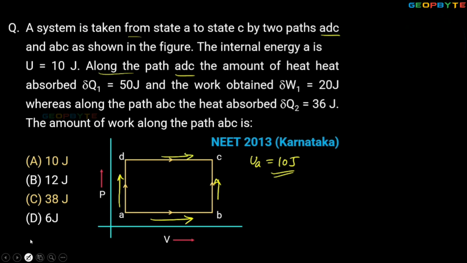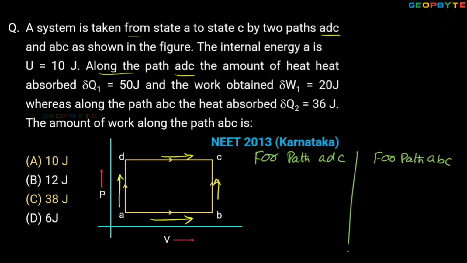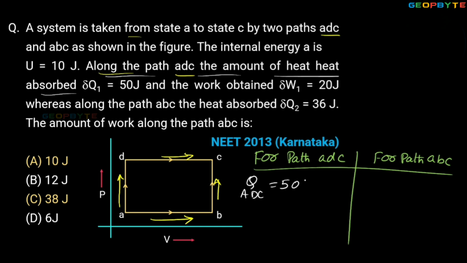Let me write it clearly. For path ADC and the second path ABC: along the path ADC, the amount of heat absorbed, that means heat supplied, for ADC is given as 50 joules, and the work done by the system, W for ADC, is given as 20 joules.